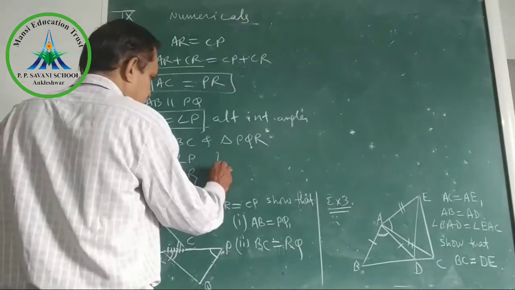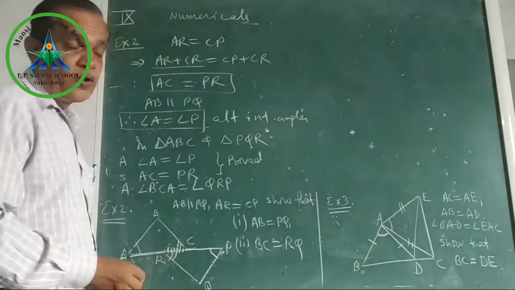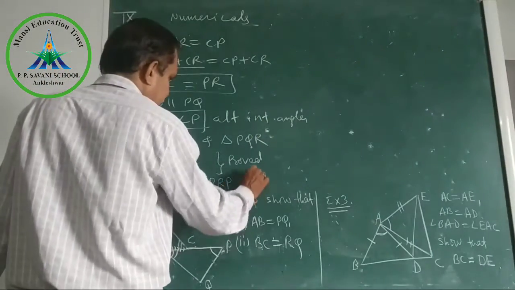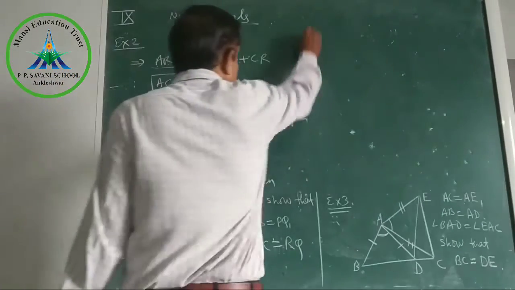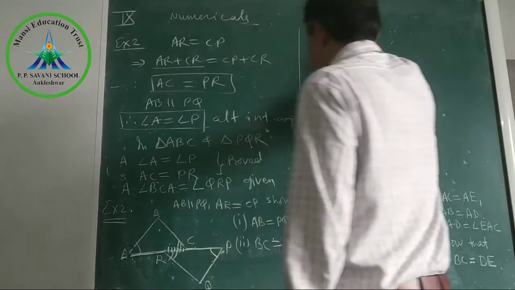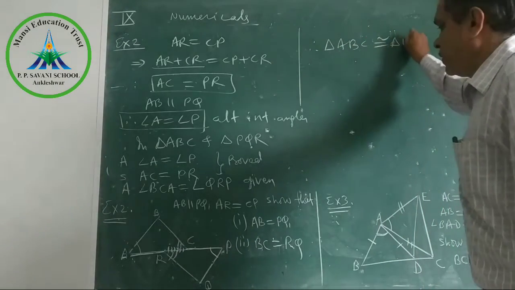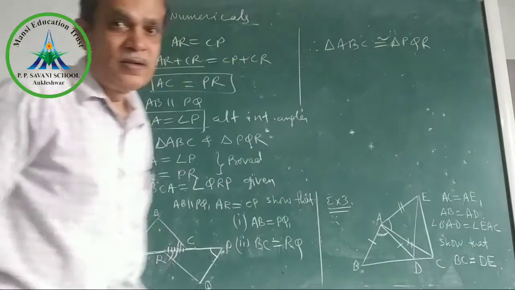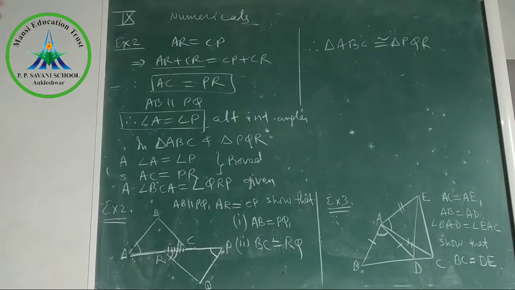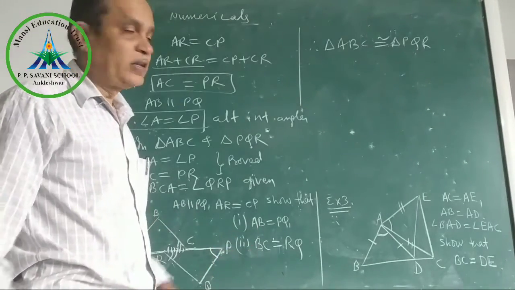See, now we will just write here proved. You can write 1, 2, from 1 and 2, and this is given. Okay, therefore triangle ABC congruent triangle PQR. Now if these two triangles are congruent, then whatever is questioned, these are parts of the congruent triangles.